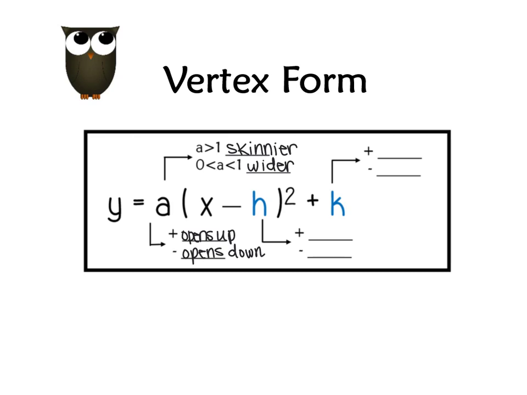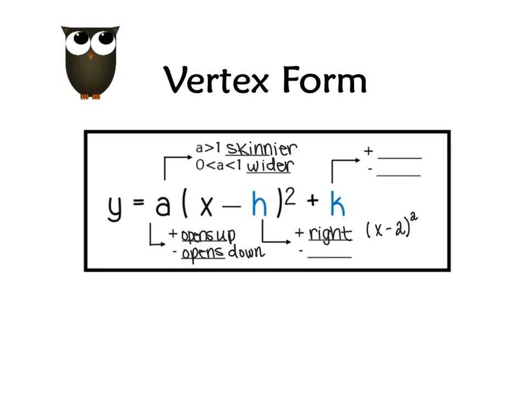If your H was a positive number, so the formula is x minus H. Say that H is like positive 2, it would look like x minus 2. And so if it was a positive H, it was going to be moving to the right.